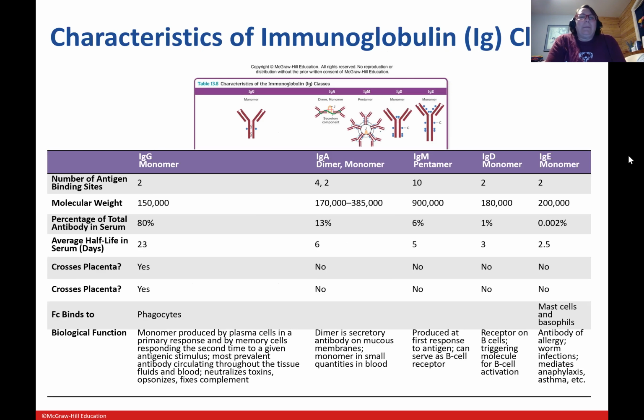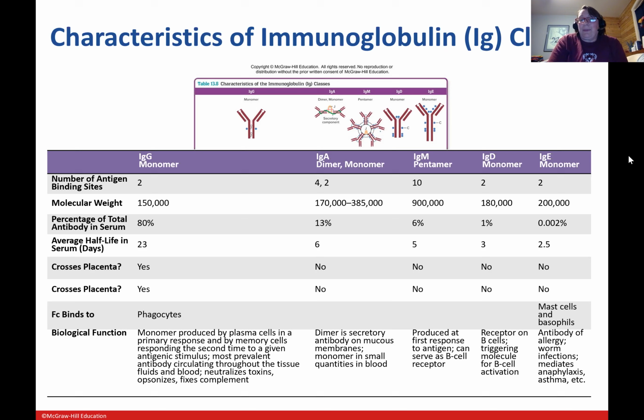It is about 80% of the antibodies floating around in the bloodstream. So this is the major antibody that is produced. It's also the most long-lived. Its average half-life is about 23 days, which means on average, it's going to live about 46 days. The half-life means half of them have died by 23 days. It will cross the placenta.